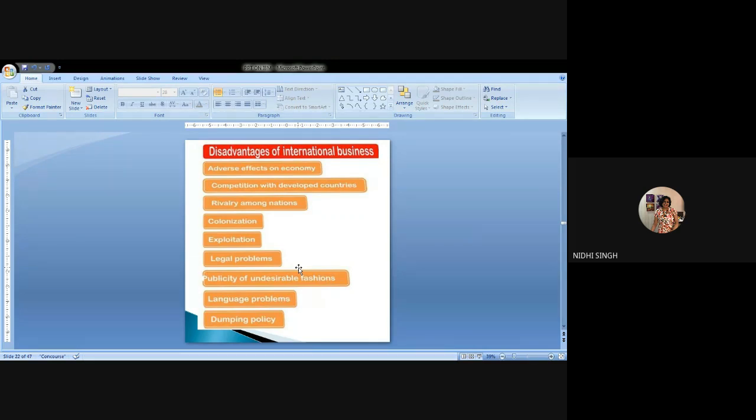If there is some international crisis, some international issue, then the countries dealing directly or indirectly will be affected by that. Competition with developed countries. Obviously, the competition is with developed countries only because they are rising high. Rivalry among nations. Two nations become rivals of each other if they are dealing in the same products. They are working as competitors.